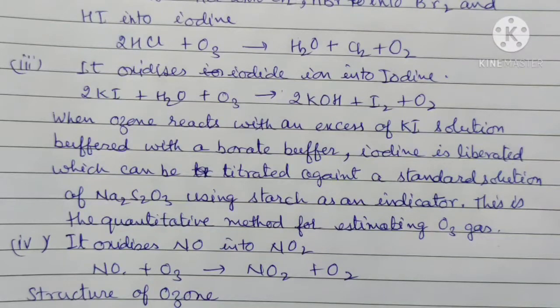You know, when supersonic jets move or nitric oxide is formed due to combustion, it easily reacts with ozone to form nitrogen dioxide, that you can see here. So this is one of the reasons for the depletion of the ozone layer.